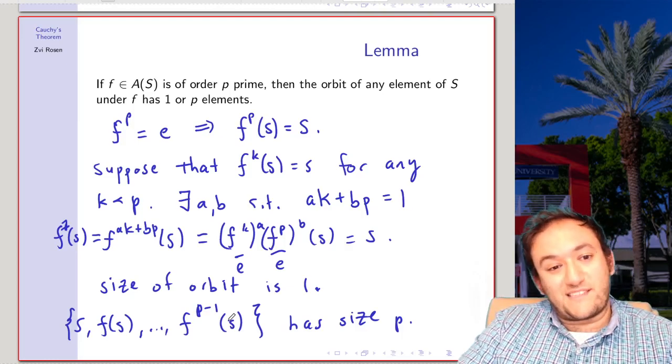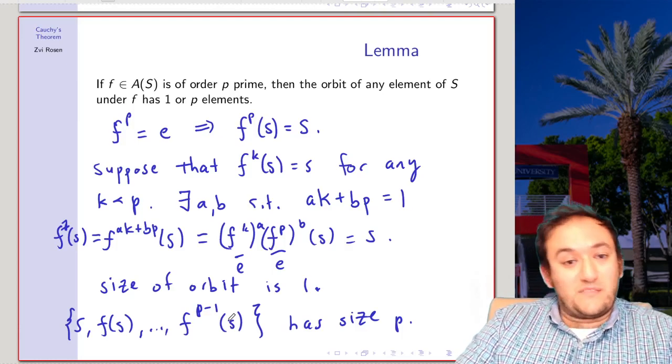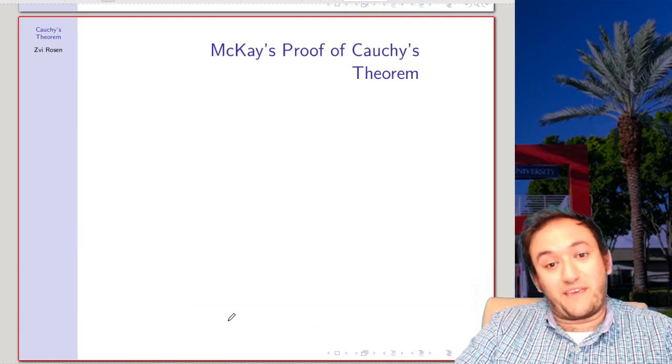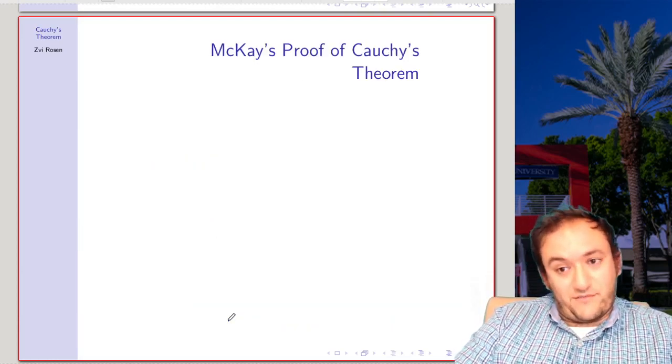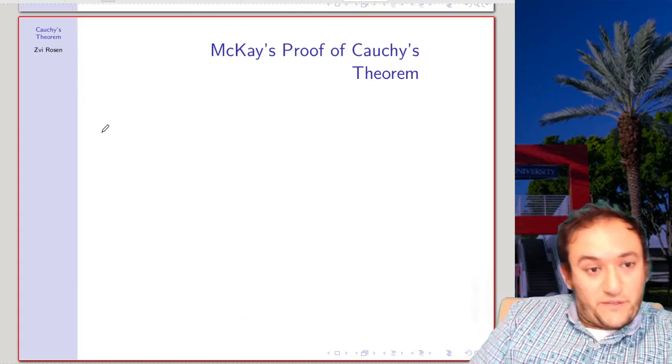Okay, so that's a bit about orbits, and now we're going to apply that to a special construction to prove Cauchy's theorem. And this proof was given by McKay well after the time of Cauchy, but it's a very elegant proof, and it goes as follows.